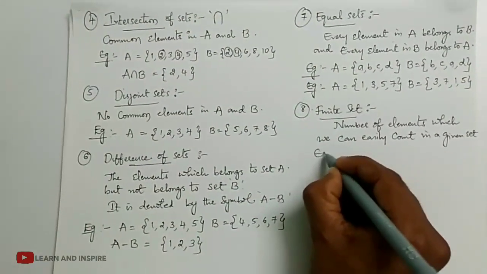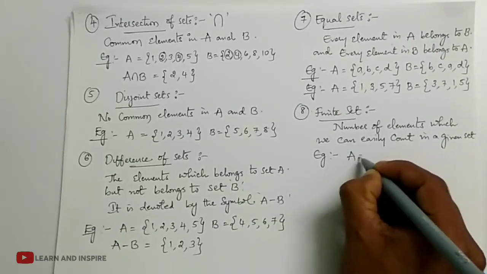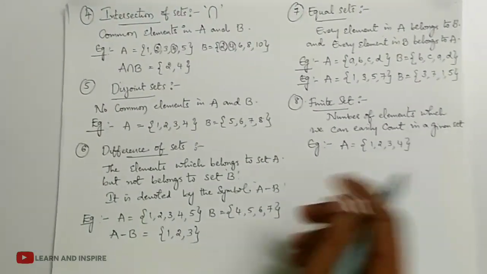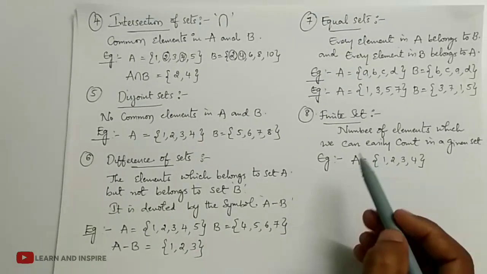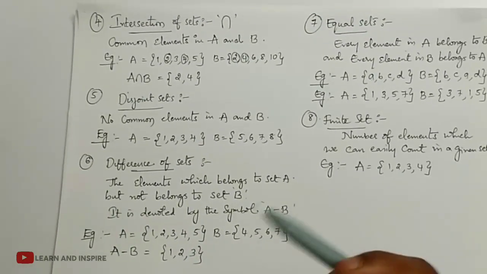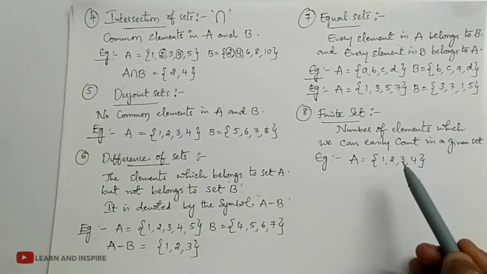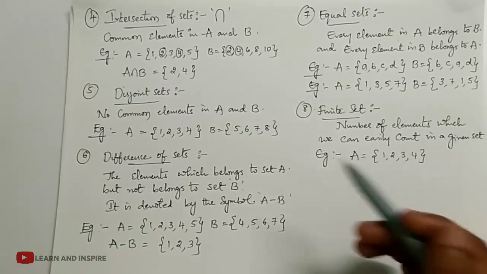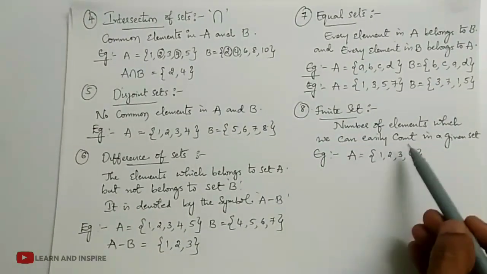So we write one example. Set A is equal to 1, 2, 3, 4. How many elements are there in the given set? Here we have 4 elements, which we can easily count, so it is a finite set.